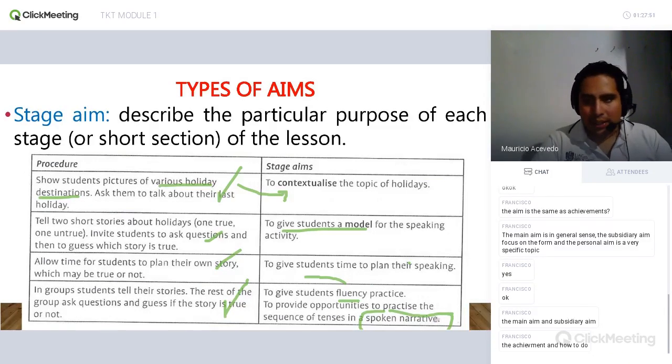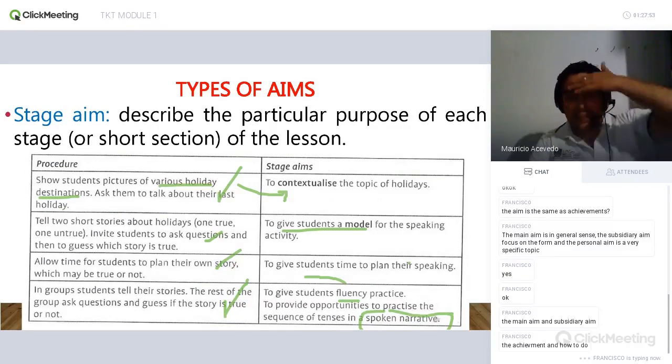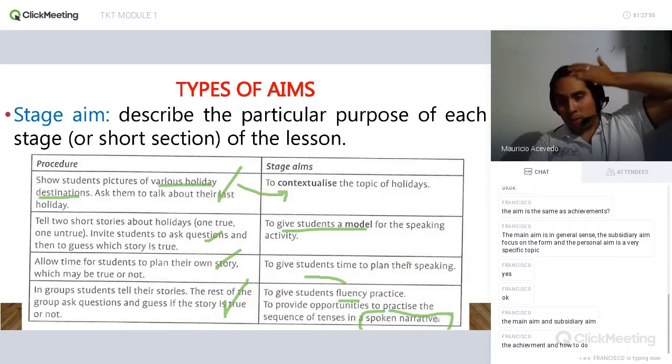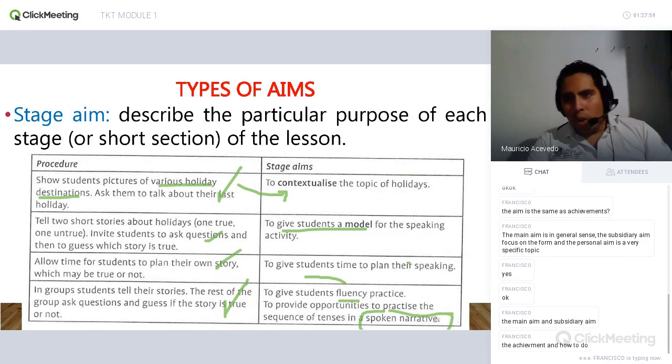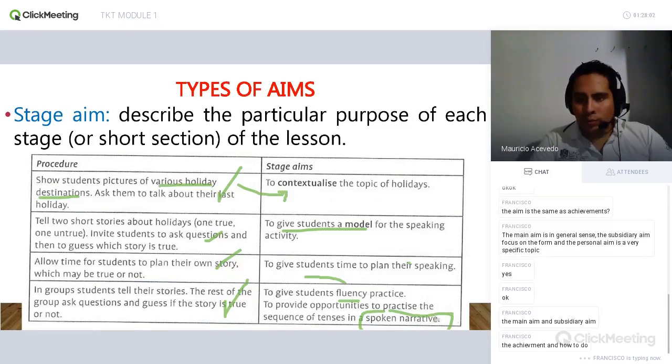I have also the same planning. What's your opinion, Francisco? Do you think that it's important to have a stage aim and a personal aim too? Or with the subsidiary and the main aim is more than enough?